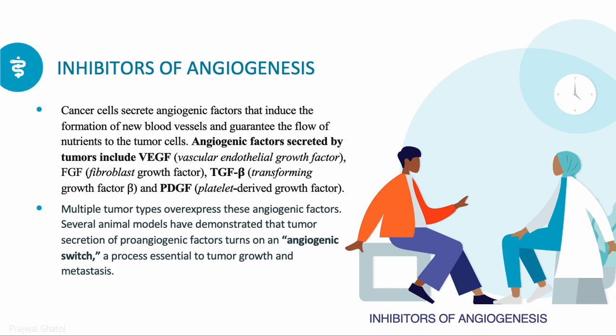Several animal models have demonstrated that tumor secretion of proangiogenic factors turns into an angiogenic switch, a process essential for tumor growth and metastasis. The gist of this is that the new blood vessels that are formed will provide nutrition to the tumor cells and promote their growth, and these tumor cells will secrete further angiogenic factors that will lead to the further synthesis of new blood vessels.